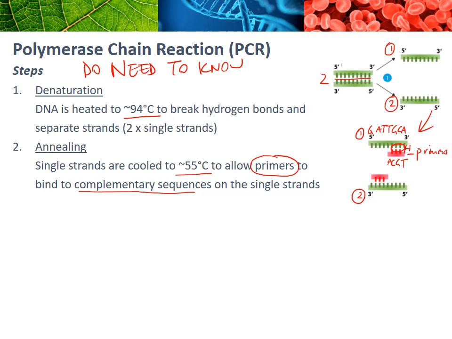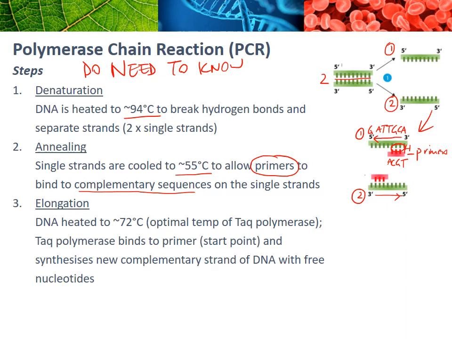Now, hopefully you're also noticing here that one of these strands is going 3' to 5' this way, and one will be going the opposite way and will need the opposite primer. So there are 2 different primers that allow both strands to be built upon.